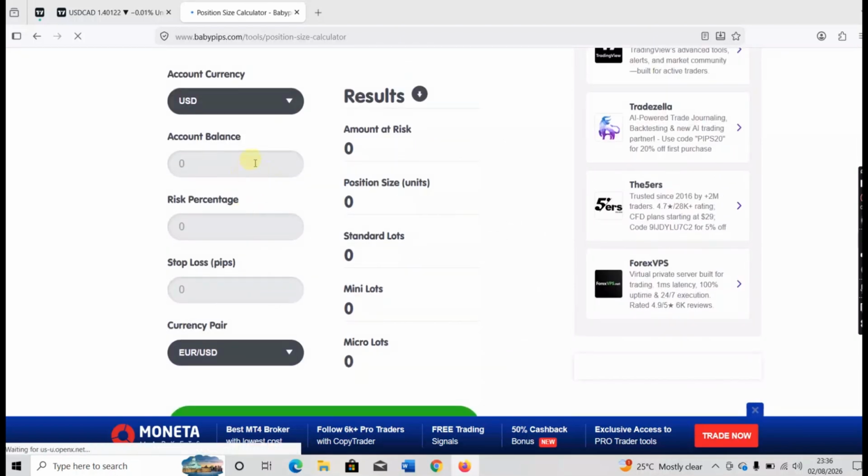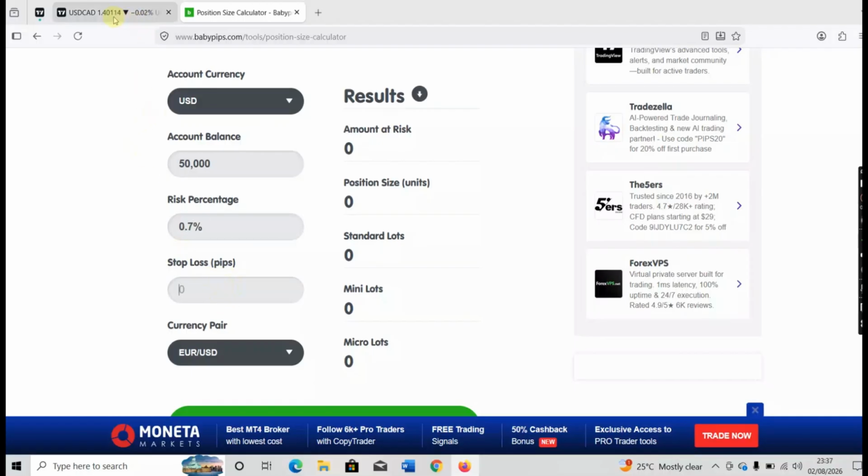So this is the account balance you want to use. Mine is 50,000. I'm willing to risk, let me say, 0.7%.